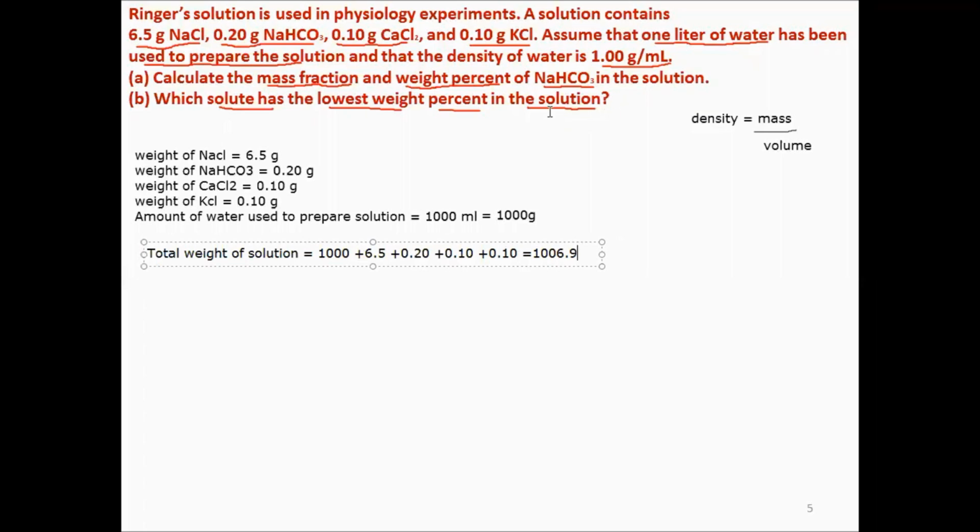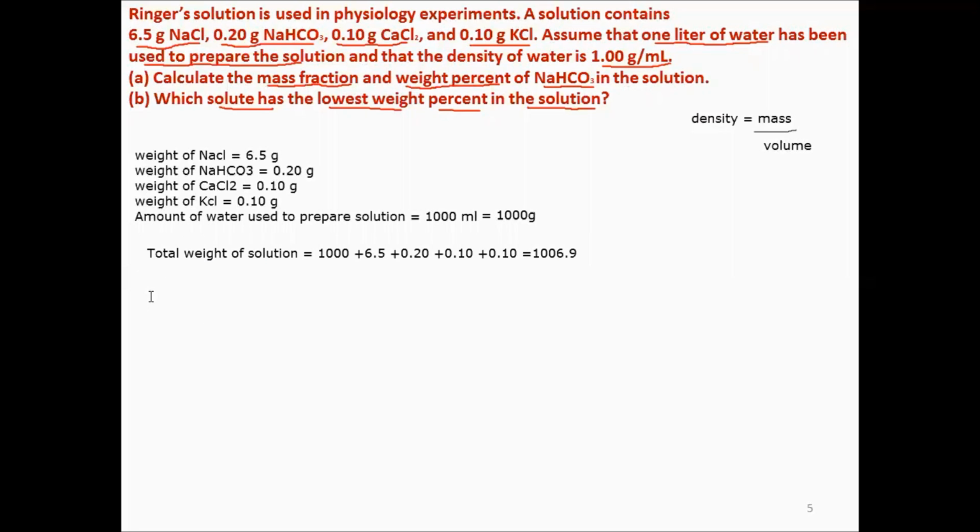Now let us see what they have asked us to calculate. They say to calculate the mass fraction of sodium bicarbonate in the solution. Now we know the formula for mass fraction.